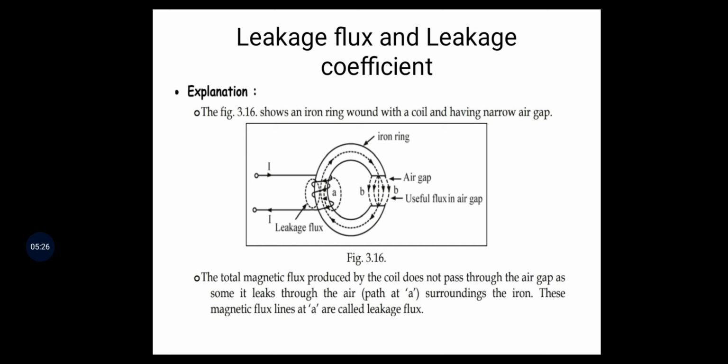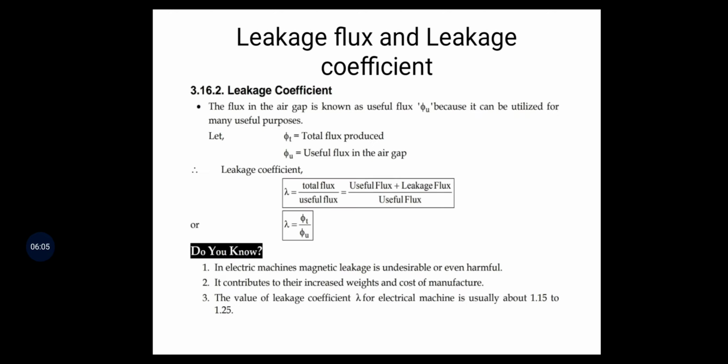These magnetic flux lines at A are called leakage flux. Here at A the leakage flux is produced. In the air gap, the magnetic fringing effect occurs.